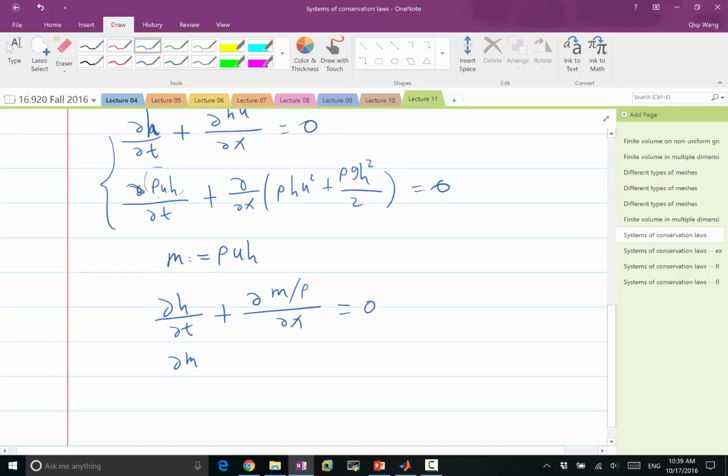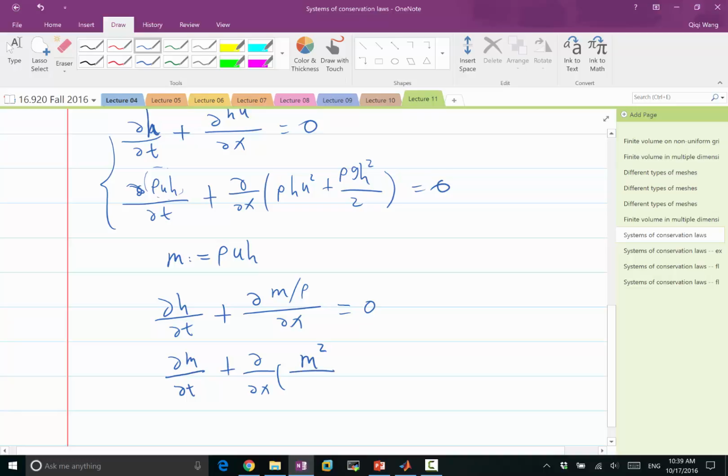And partial m partial t plus, we also write the flux as just a function of m and h. So in this case, we have a u squared, which means we have to square this m. By squaring m, we have rho squared, u squared, h squared.